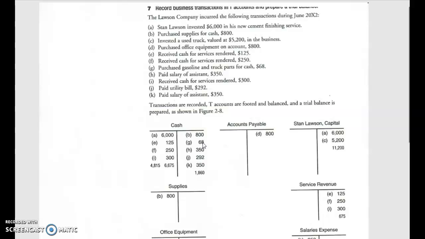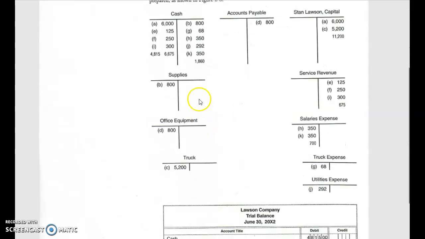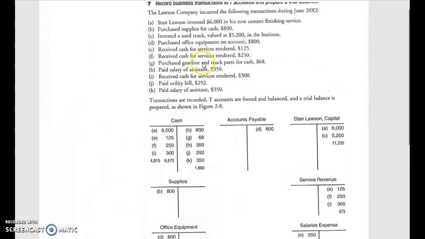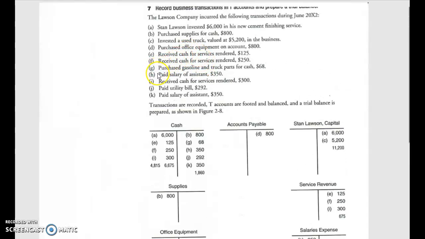And we also have to do the expense. So here is truck expense, $68. Now, it's not an asset. You bought a truck repair, let's look at it again. Gasoline and truck parts. That is not an asset.